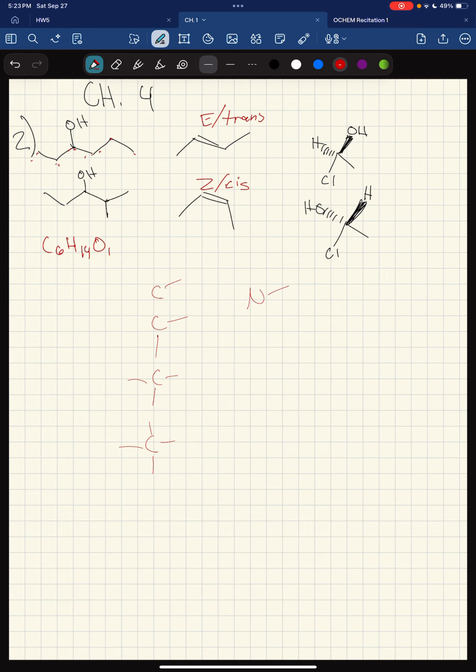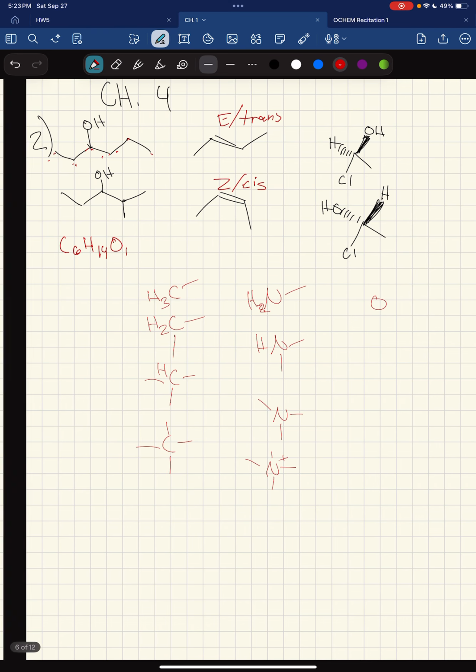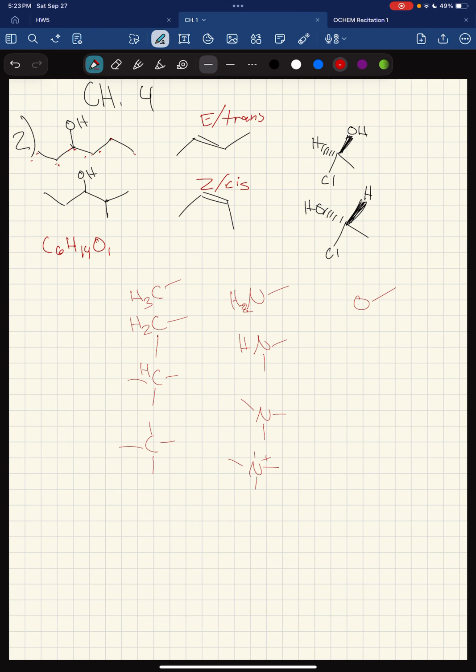Primary, I forgot the hydrogens. Primary, secondary, tertiary. I guess you could have a quaternary. Oxygen is primary, secondary, and you typically don't see more than that.